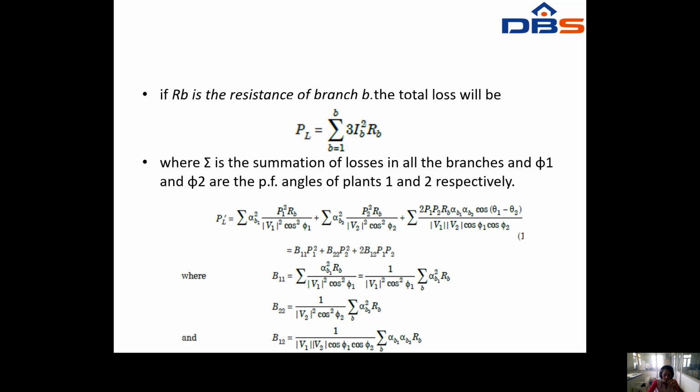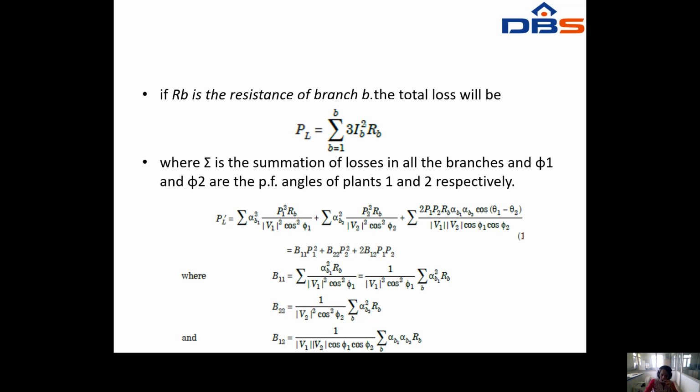So the power loss PL equals sigma of alpha B1 square P1 square RB by V1 square cos square phi 1, plus sigma of alpha B2 square P2 square RB by V2 square cos square phi 2, plus sigma of 2 P1 P2 RB alpha B1 alpha B2 cos of theta 1 minus theta 2 by V1 V2 cos phi 1 cos phi 2.